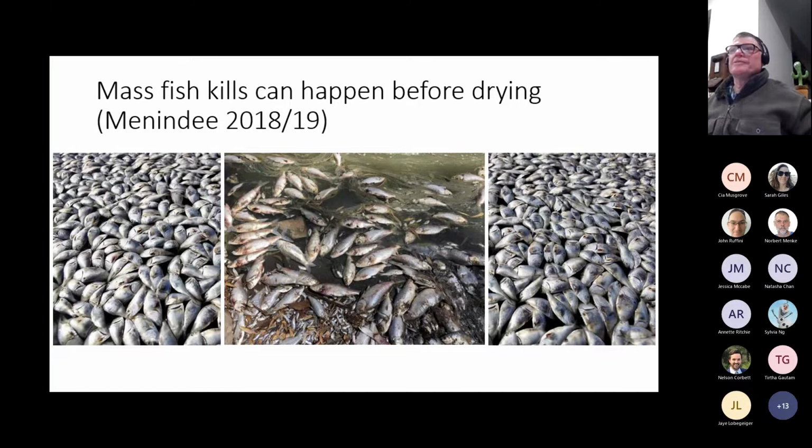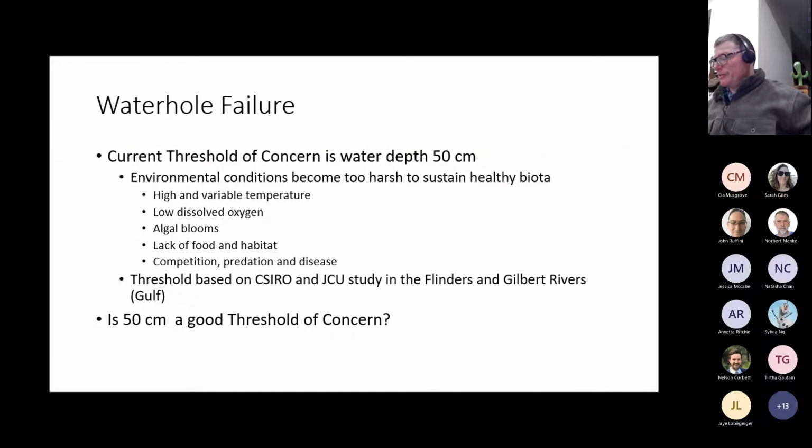And everyone is probably aware of the fact that fish can die without waterholes drying up, from the massive Menindee fish kills that happened in the summer of 2018, 2019 at Menindee in New South Wales, which was a massive news story at the time and has triggered a whole bunch of investment from the Commonwealth into various things since.